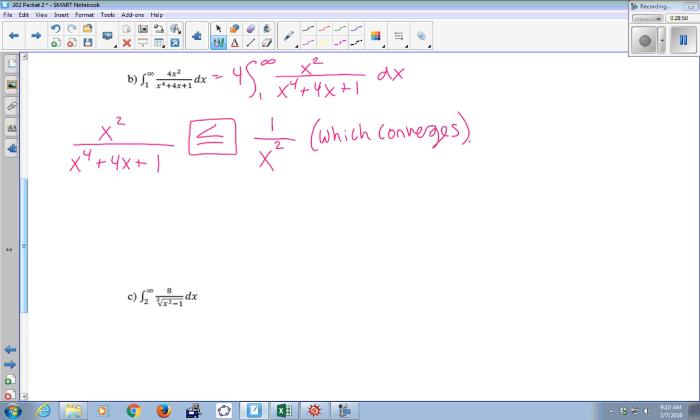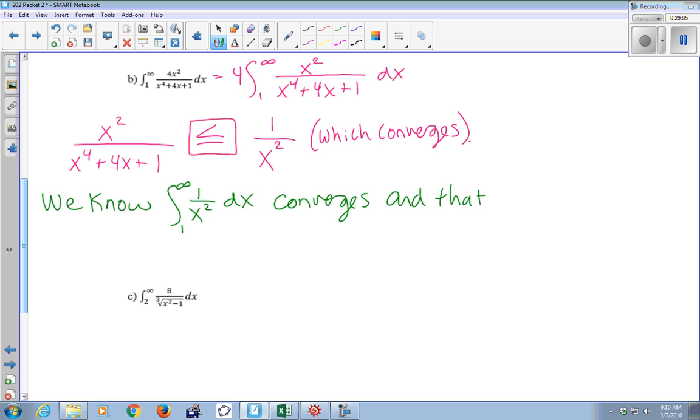Okay, so we know that the integral of 1 over x squared dx from 1 to infinity converges. And that my integrand, x squared over x to the fourth plus 4x plus 1, is always smaller than 1 over x squared.